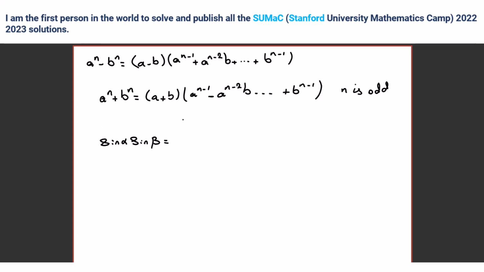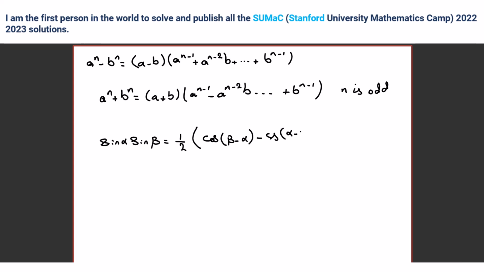Sine alpha sine beta is half times cos b minus a, minus cos a minus b.